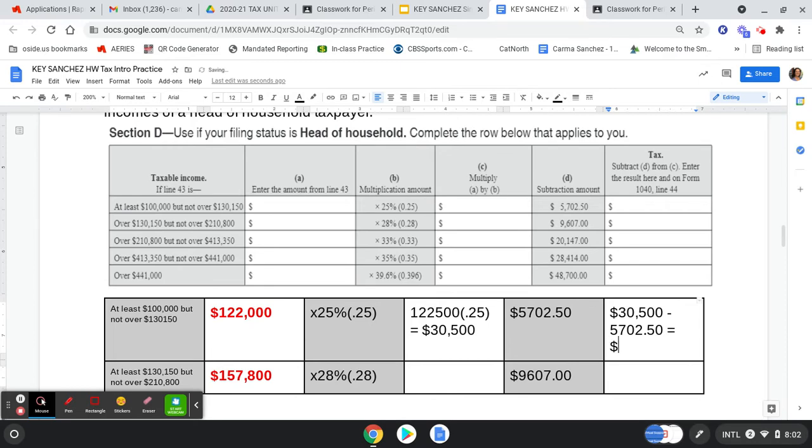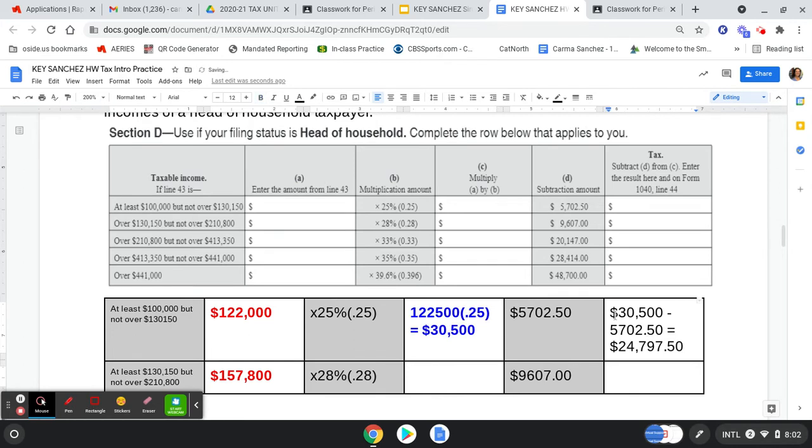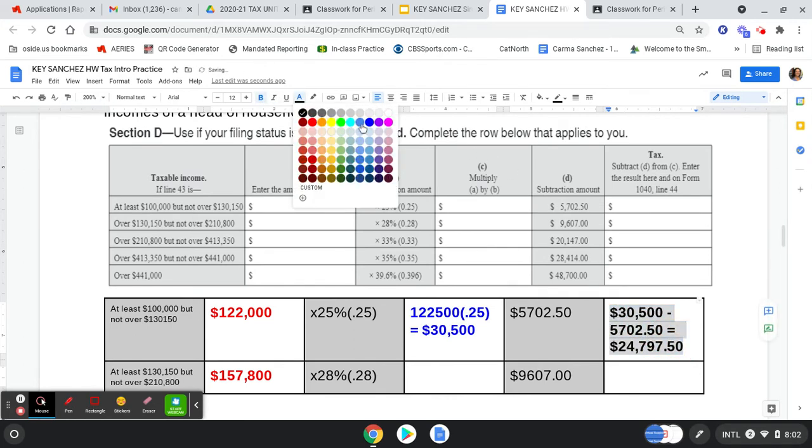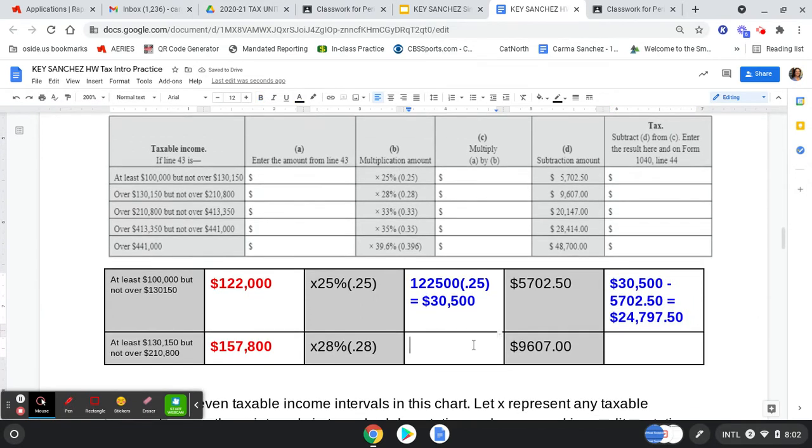Did you get 24,797 and 50 cents? So again, this is just following the instructions on the worksheet given to you by the IRS if this is how you want to calculate it. I think personally it's easier to just read a tax table with the amounts already calculated, but at least this gives you where it comes from.